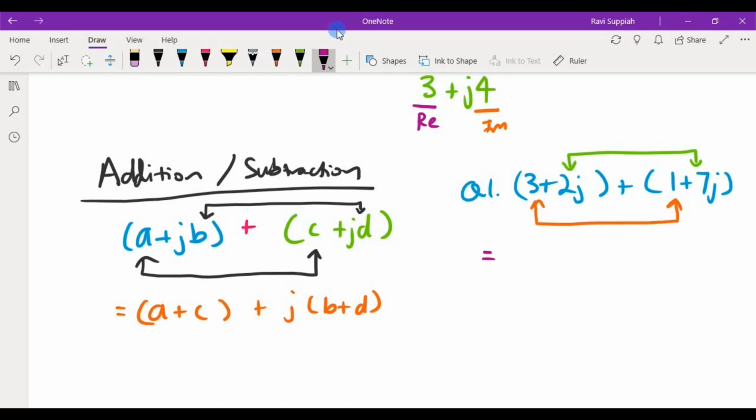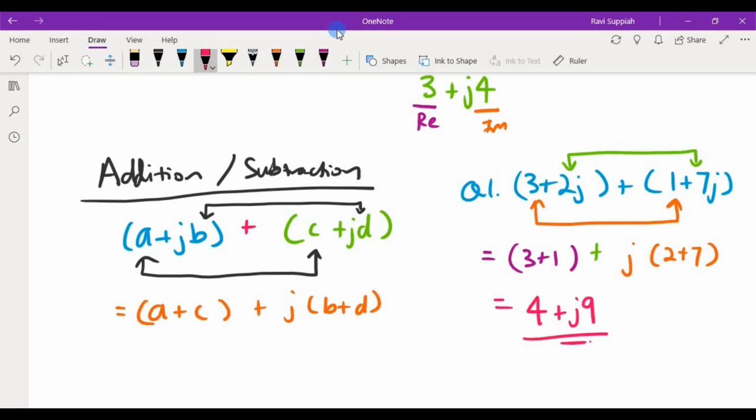So you have 3 plus 1, added with j, 2 plus 7, and that will give us 4 plus j9. That is the final answer here.